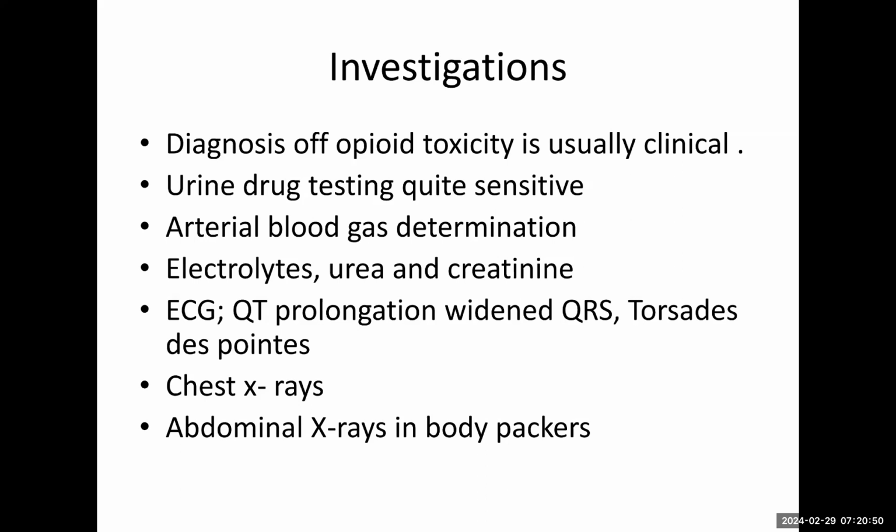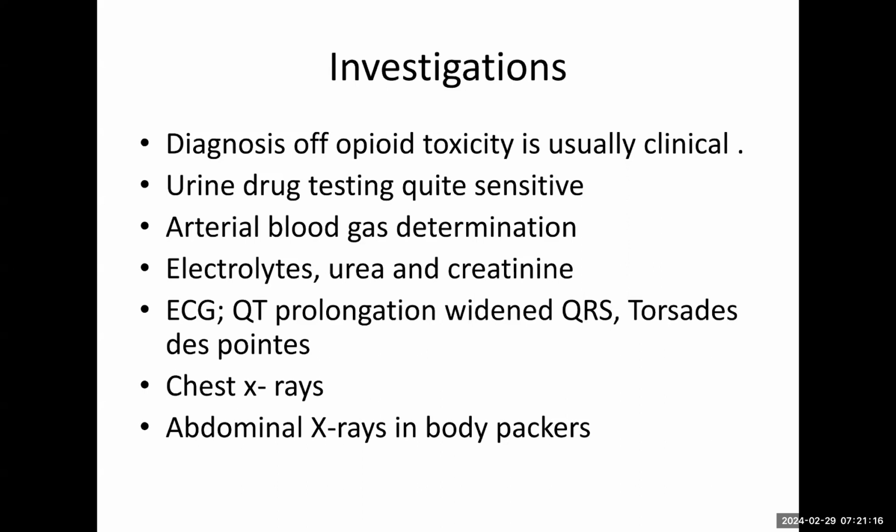Arterial blood gas determination in a patient who is unconscious with respiratory depression, you may want to be sure that you're dealing with just opioid toxicity and not other causes of respiratory failure. Electrolytes, urea, and creatinine will help to rule out renal impairment and other electrolyte abnormalities. ECG, like I said, you can have QT prolongation and arrhythmias.